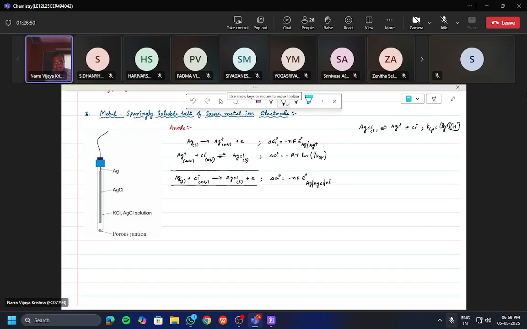Now, if I consider this as delta G1, this as delta G2, and this as delta G3, then delta G3 is equal to delta G1 plus delta G2. Substituting, minus nF E0 oxidation is equal to minus nF E0 of Ag to Ag plus, plus RT ln KSP.